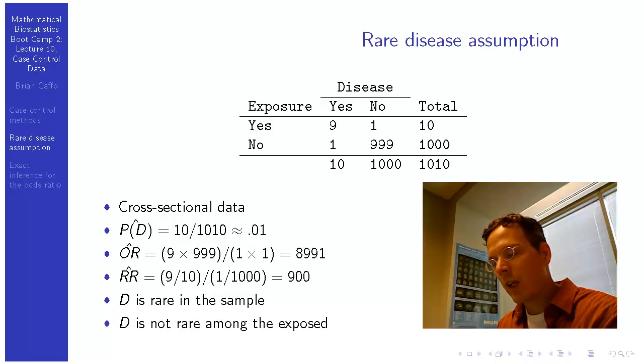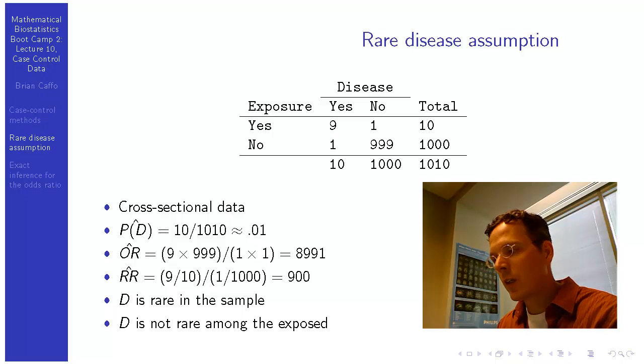Let's see, what is it? 10 out of 1,010. But D is not rare among the exposed, right? So among the exposed, you actually had 9 times the number of people having the disease rather than not.